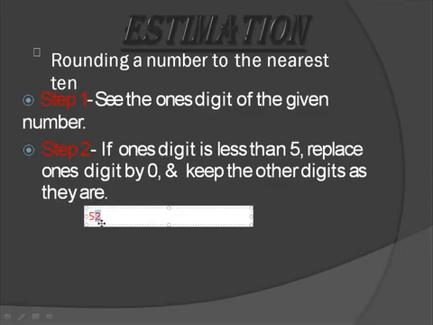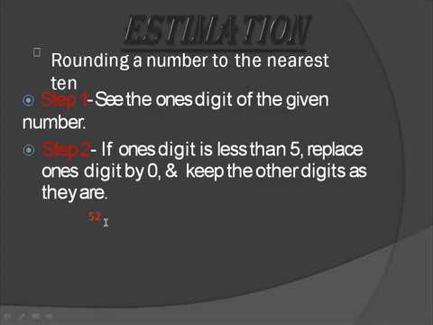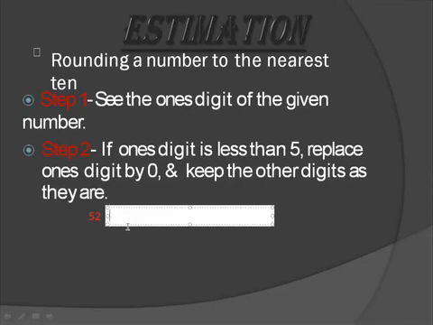Here in the ones digit we have 2. This 2 is less than 5, we know that. So the ones digit becomes 0 and the other digit stays the same. So 52 when rounded off to the nearest ten becomes 50.